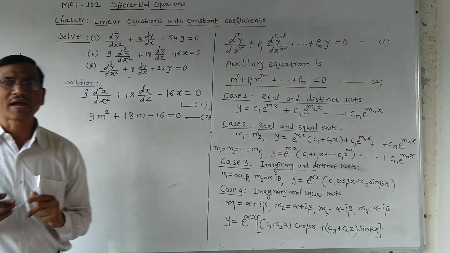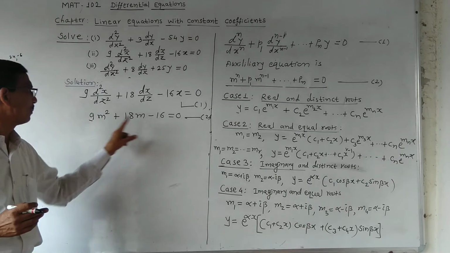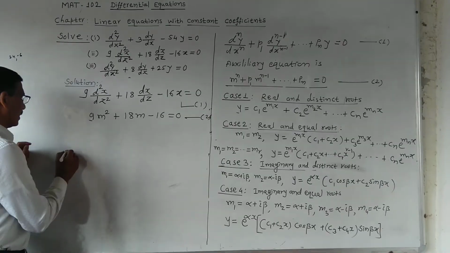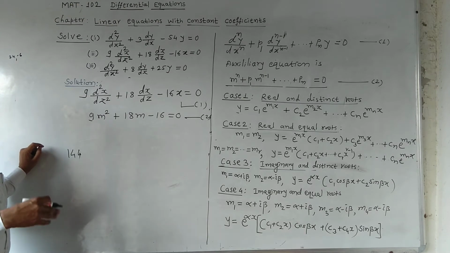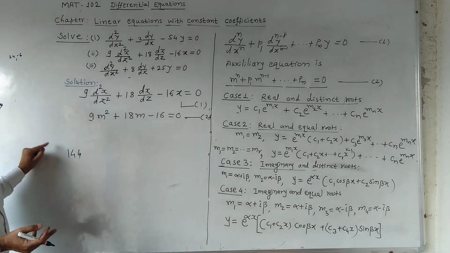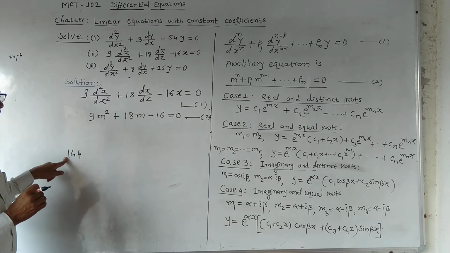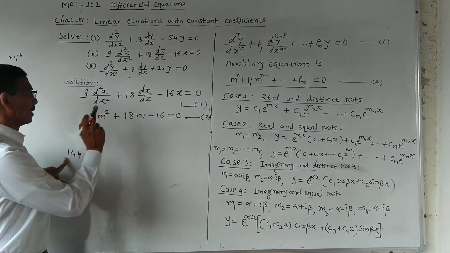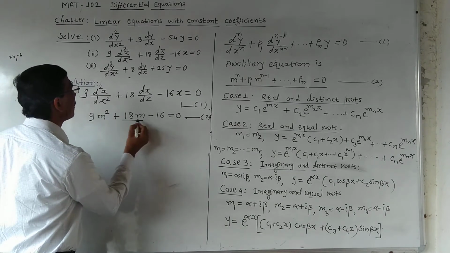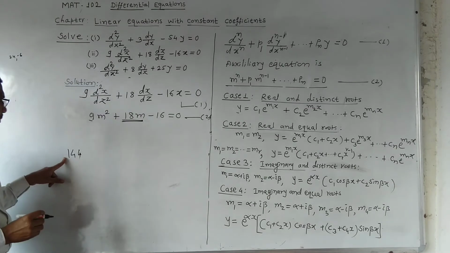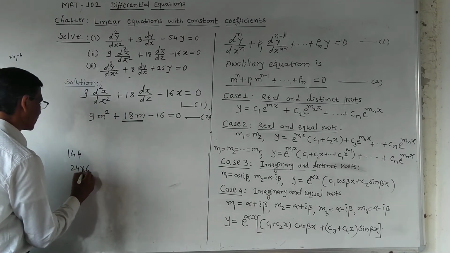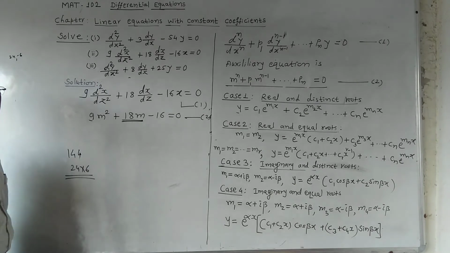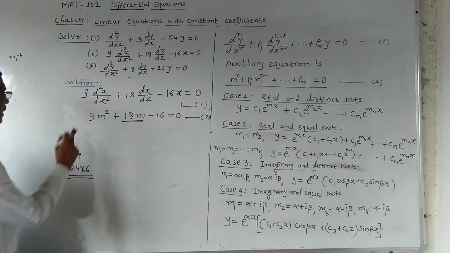Then at the time of factoring, we have to take their multiplication. 16 into 9 is 144, and find the factors of 144 such that their sum will be 18m, and we know that 24 into 6 is also 144.